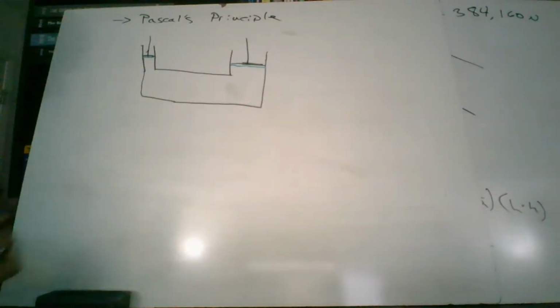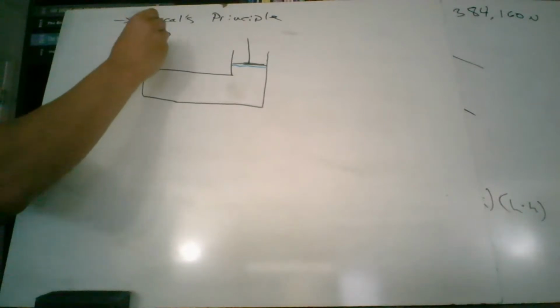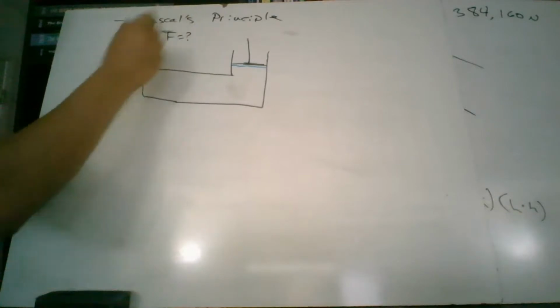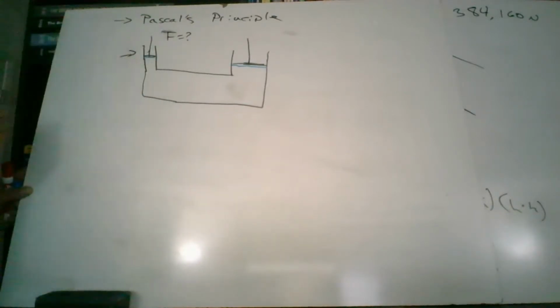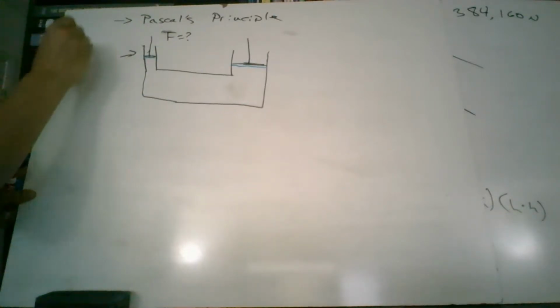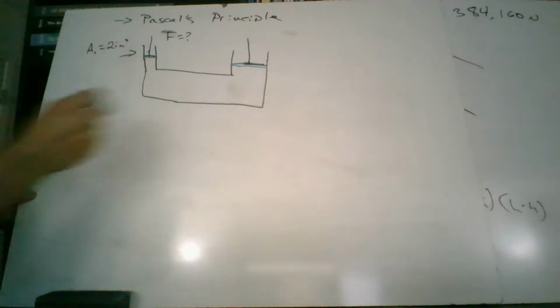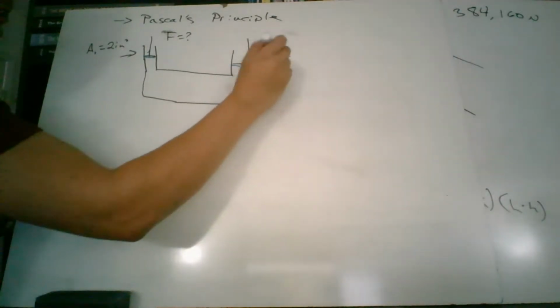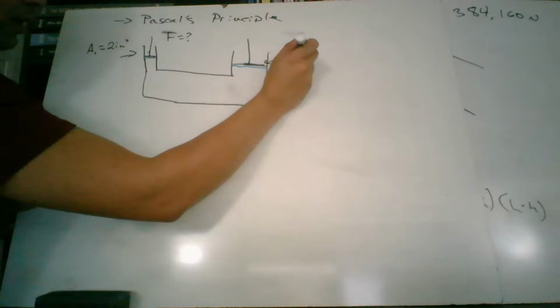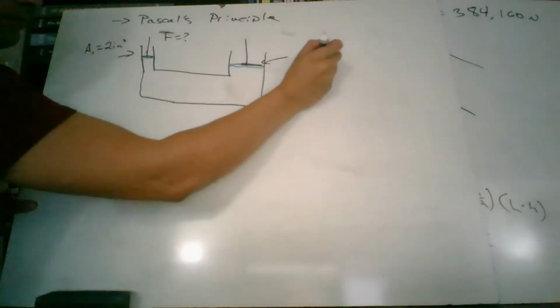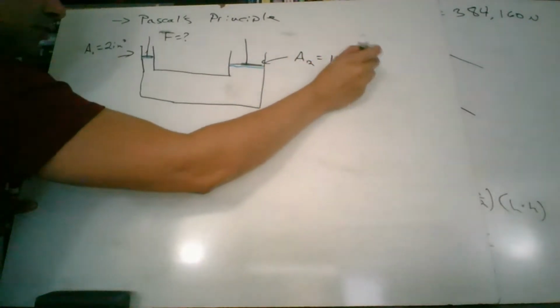And so you're going to apply a force this way, which we don't know yet what it is, but I do know the area of this. The area A1 is going to equal 2 inches squared. So that's the area of this little piston right here. We have another piston right here, and the area A2 of that piston is going to equal 100 inches squared.